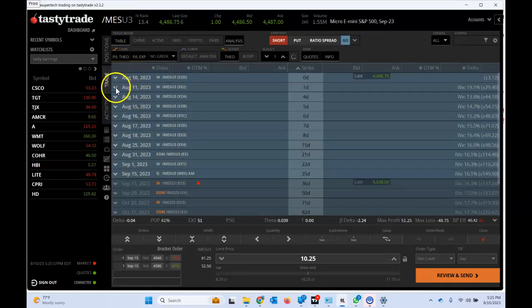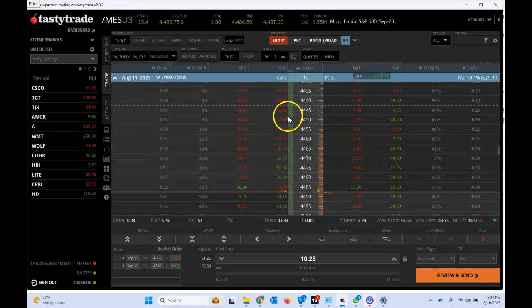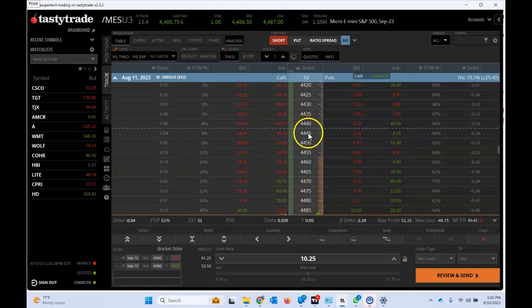So here's tomorrow, and 4445 is one standard deviation from current price, so that's the expected move. It's very possible that we hit 4445 tomorrow. We may not, but maybe in a couple days, it's very possible we can hit that one standard deviation move.